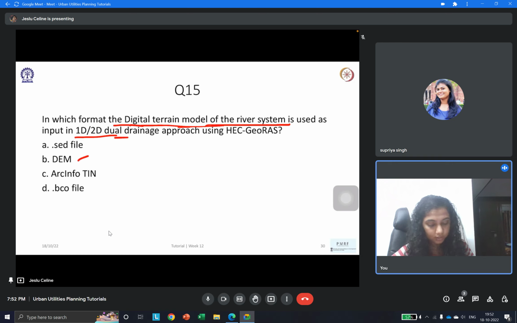So it is not the digital elevation model, but it is the ArcInfo TIN which we use. We use the digital elevation model to get the points and then we can convert into other data types. But to get the digital terrain model, we use the ArcInfo TIN. There's not much explanation to that. It's the format that we use. Correct.